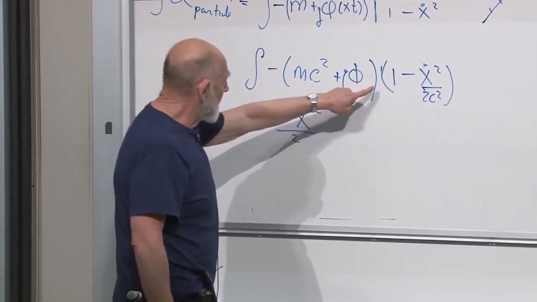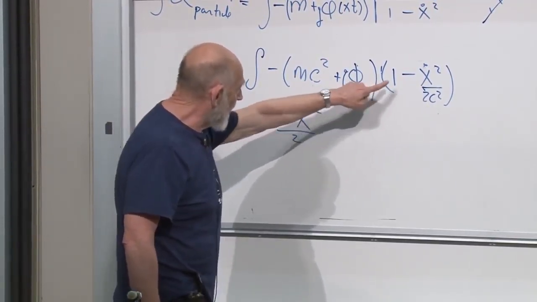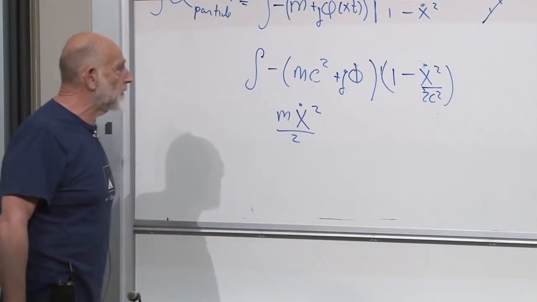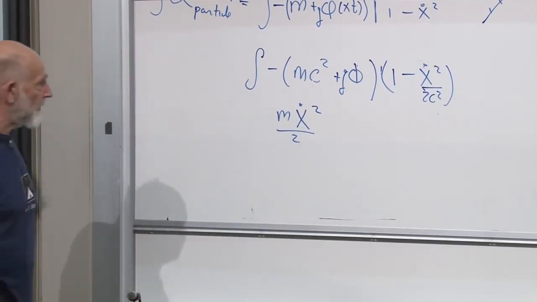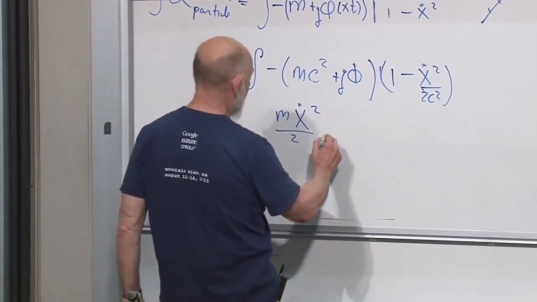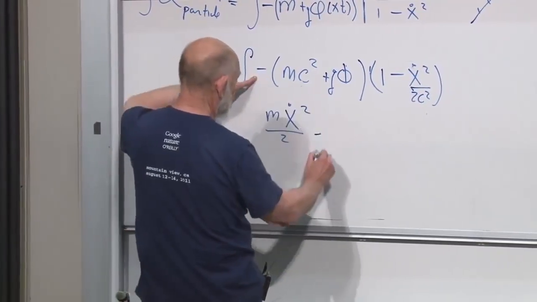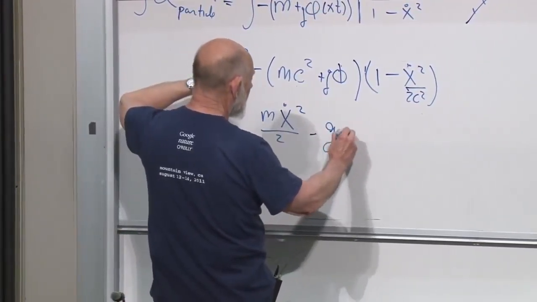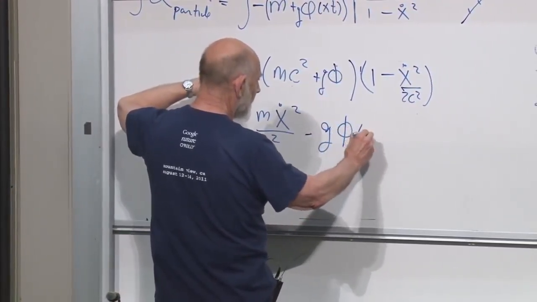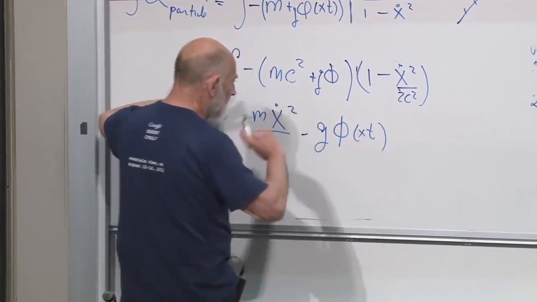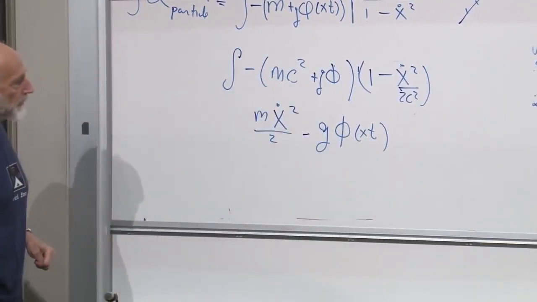And what about this term, g phi times 1? That has no speeds of light in it, so it clearly survives. So we add minus, there's a minus sign here, minus g phi of x and t. And that's all that there is when the particle is moving slowly.